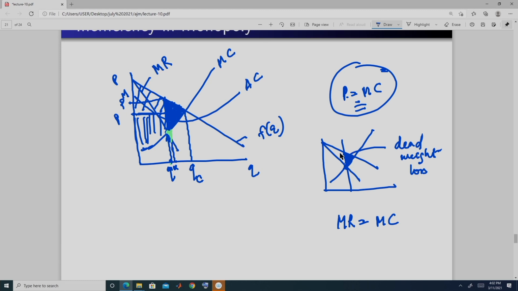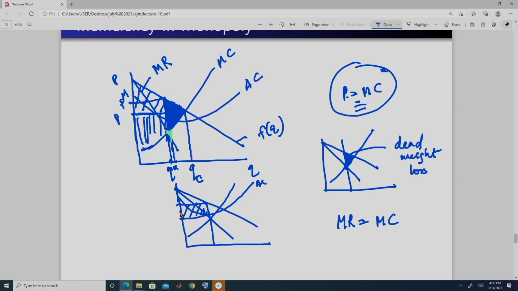If we take the sum of the surplus, that is producer and consumer surplus, because here you will notice that the moment the price changes... So this is the monopoly price, and suppose this is the AC, so this is the monopoly profit.